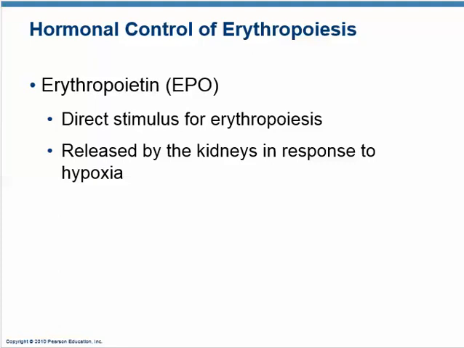One of the interesting things about this is that anybody who has kidney disease is probably going to be suffering from an anemia, probably not going to make enough red blood cells. So if you ever work in a dialysis unit, one of the things you're going to be doing is giving people erythropoietin because they need it in order to avoid anemia, because their kidneys aren't producing it properly.